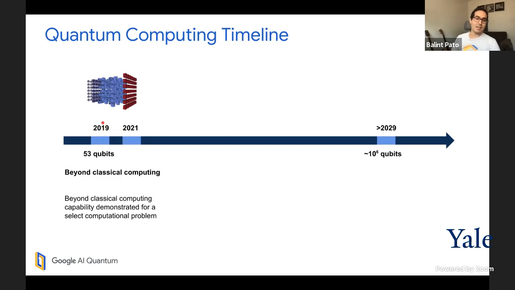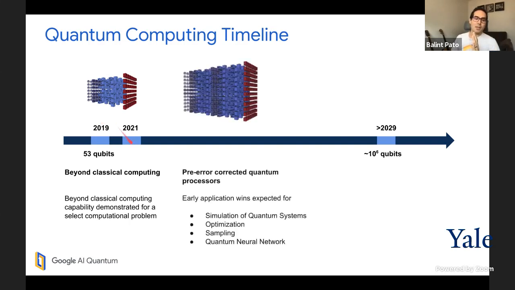In 2019, we had the Beyond Classical Computing experiment that surpassed classical computing capabilities. Today is 2021, where we have early results around single logical qubits, pointing in that direction.